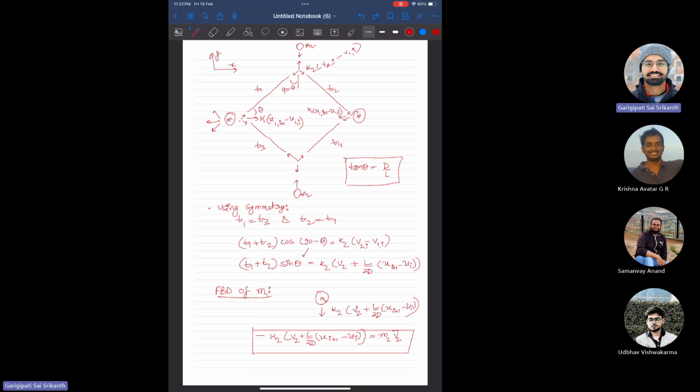Oh, also, I think we forgot to write. We can also do force balance at this point in x direction. We forgot that. So that would be T1 plus T2. That would mean T1 equal to T2.